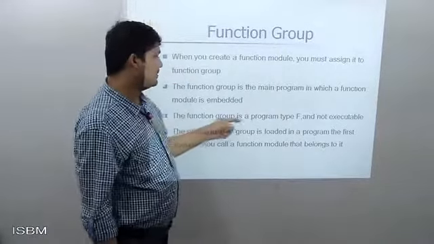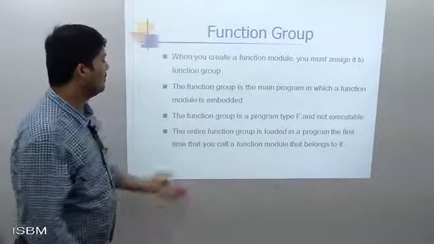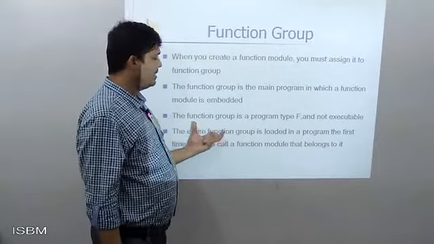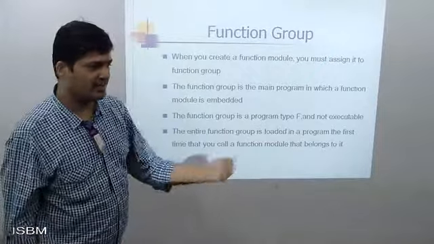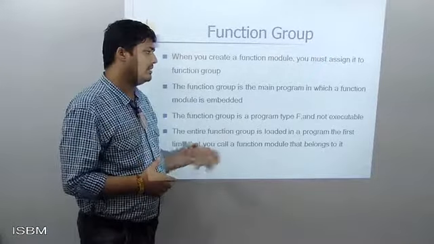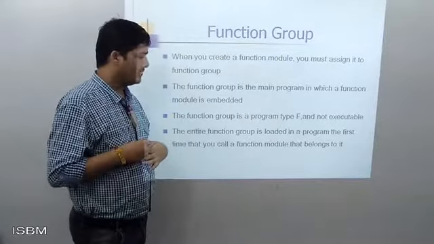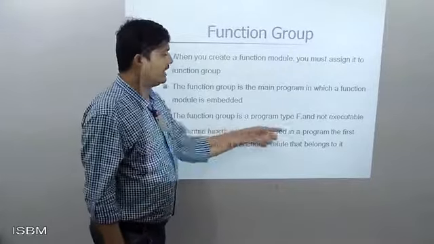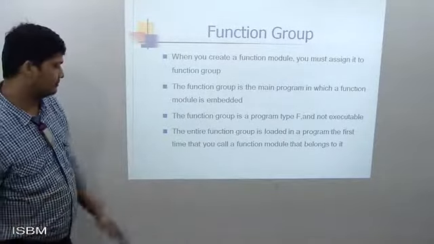Next, the function group is a program of type F and is not executable. So a function group is also a program, but its type will be F. Basically, when we create any report or program, their type is E, which stands for executable program. But for a function group the type is F, which is not at all executable.